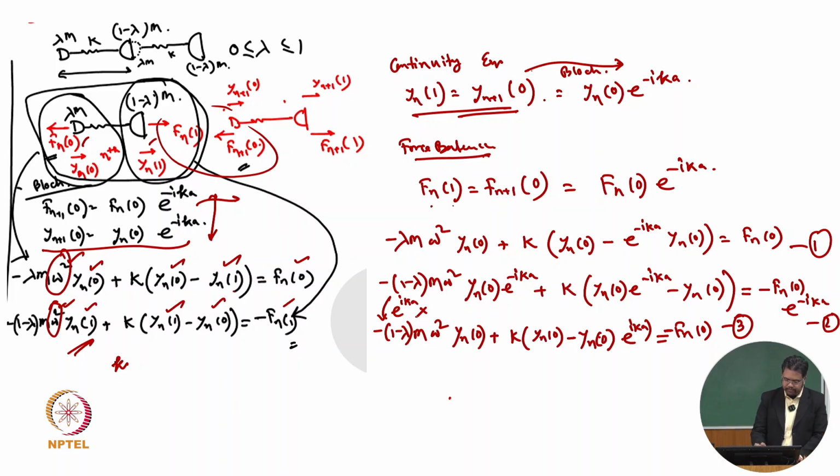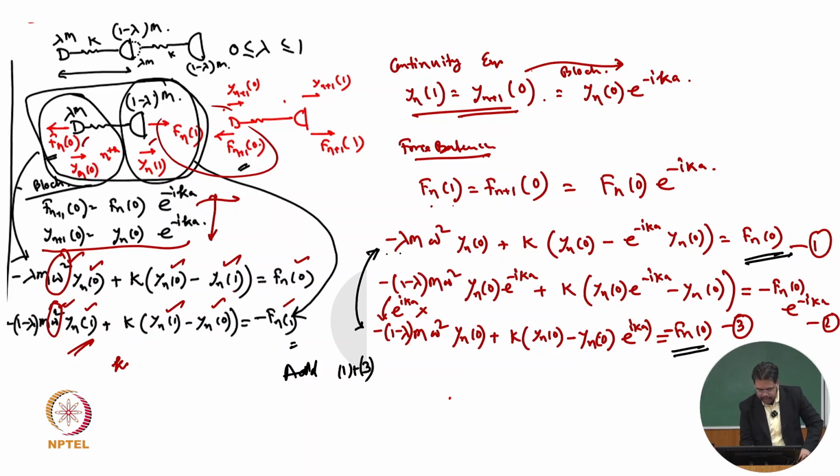So now what happened? If I add equation 1 and 2, okay, see very carefully, these two terms will get cancelled out. Now let's add them up. So add, what will happen?